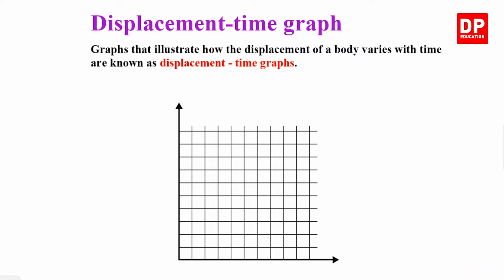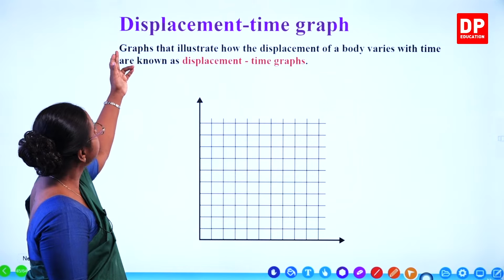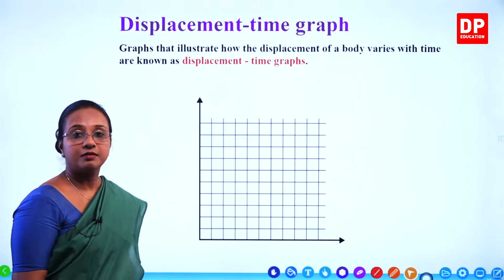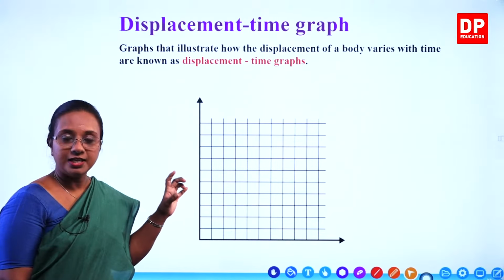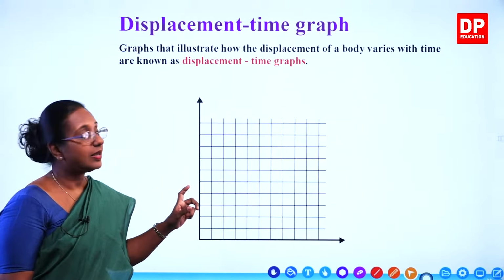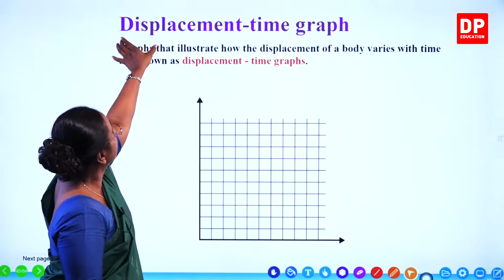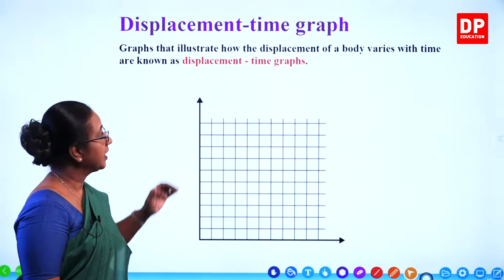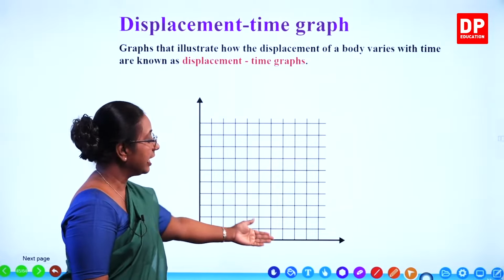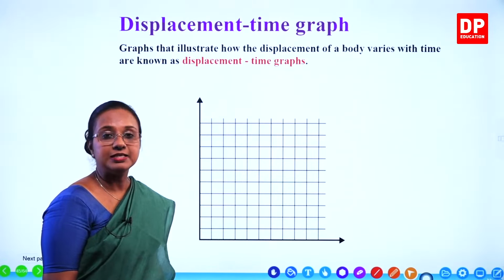So the first graph will be the displacement time graph. From the name itself, you can identify that always the label for the y-axis will be the displacement and the label for the x-axis will be time.